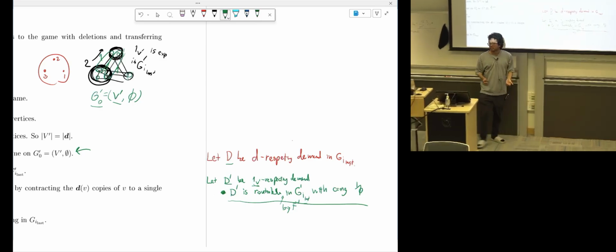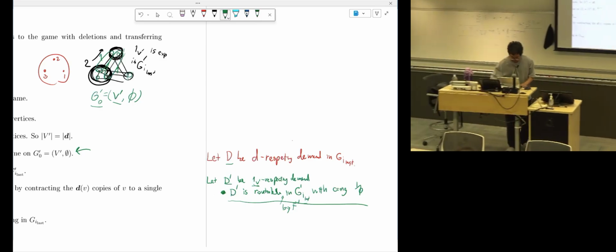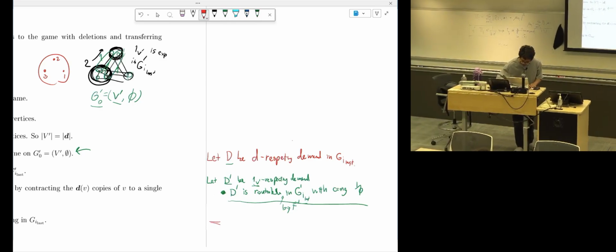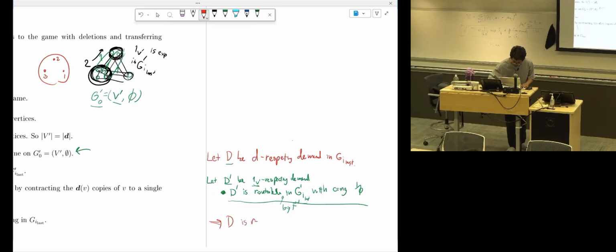So it just means that D is routable in G_I last too, with congestion 1/5 as well. So anything that is D respecting is routable with congestion 1/5.